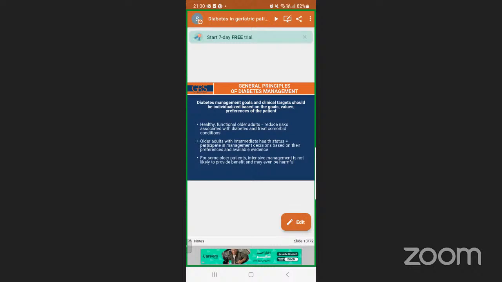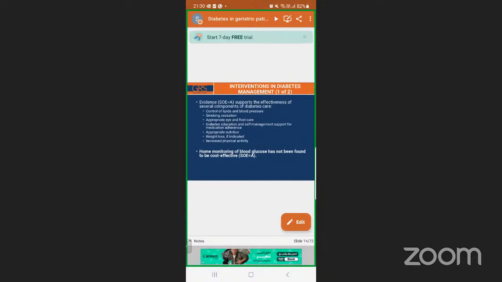Older adults with intermediate health status should be involved in management decisions based on their preferences and available evidence. For some older patients, intensive management is not likely to provide benefit and may even be harmful.